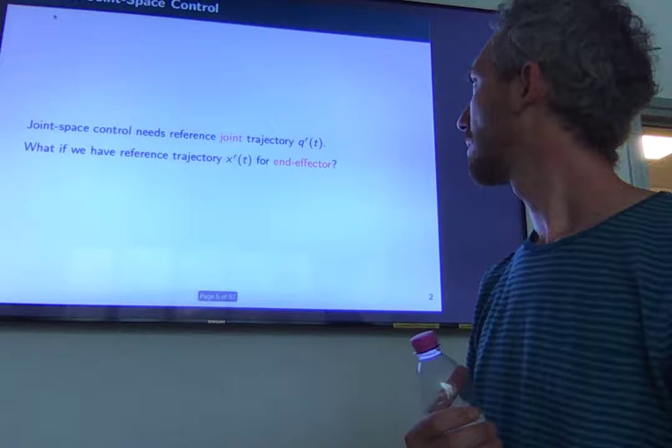So basically you need to find some sort of pseudo inverse of this function. I say pseudo inverse because it's typically not a one-to-one mapping between joint and end effector. Typically you have a higher dimensional space in joint space than in end effector space, because you have more joints than degrees of freedom of the end effector. So you have infinitely many solutions, so you have infinitely many options for this pseudo inverse function.